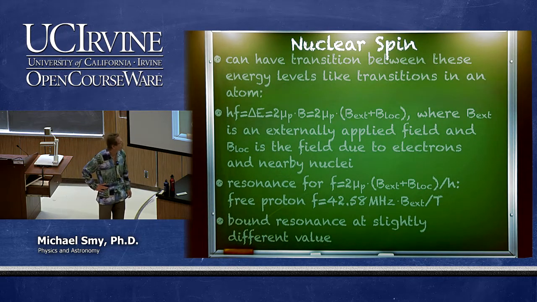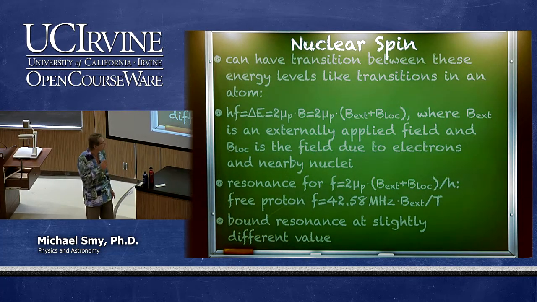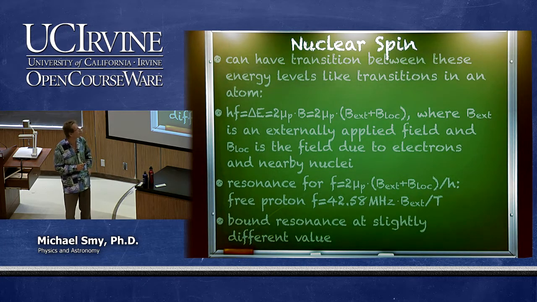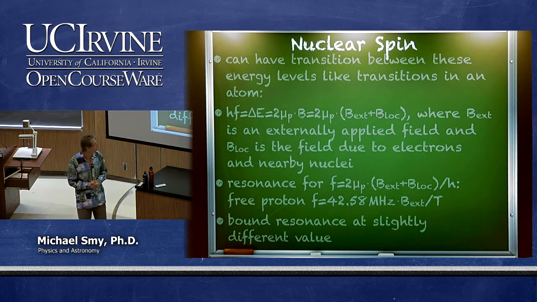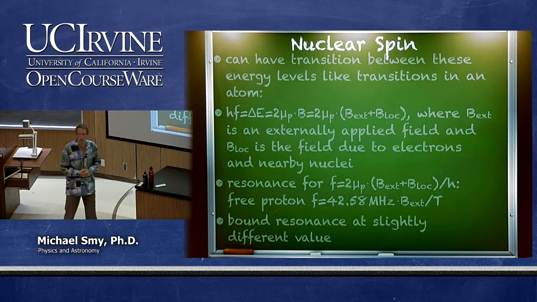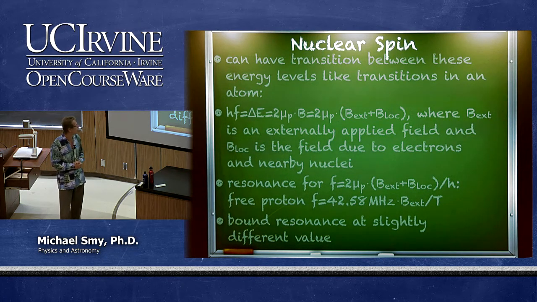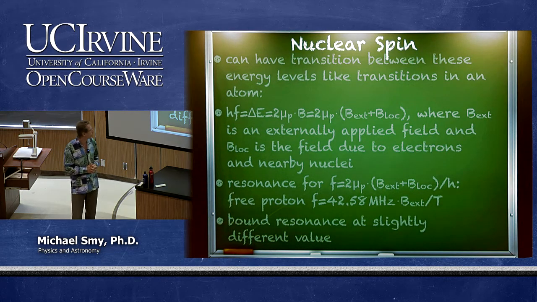And then one gets this formula that the resonant frequency, where those energy levels can be changed from one to the other, is 42.58 megahertz times the external field in units of Tesla. And that is true for free protons, like in the hydrogen nucleus. If the protons are bound, then it slightly detunes to a different value.